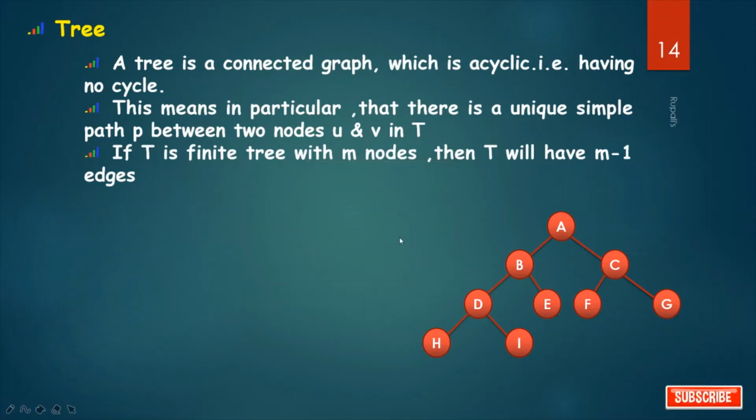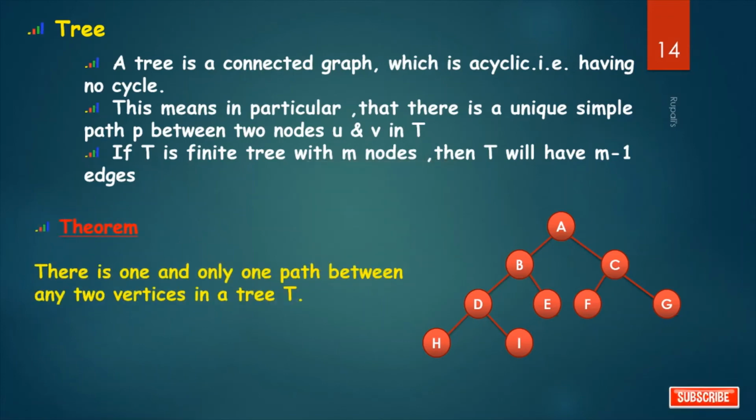Now, we have to prove one theorem. There is one and only one path between any two vertices in a tree T. By contradiction, we can prove that. Say, we can take another path between B and D. So there is one path B to D. I take another path from B to D. So by contradiction, we have to prove that.